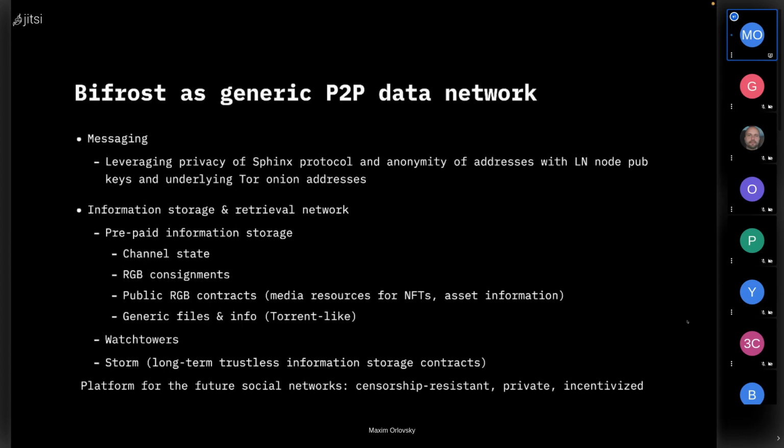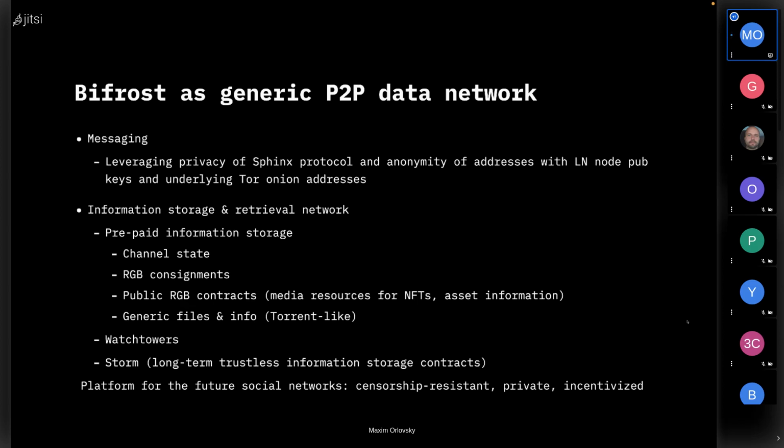Also, this information storage and retrieval network can be reused for building watchtowers, and you can combine it with custom channels called Storm, which we proposed several years ago for long-term trustless information storage contracts.